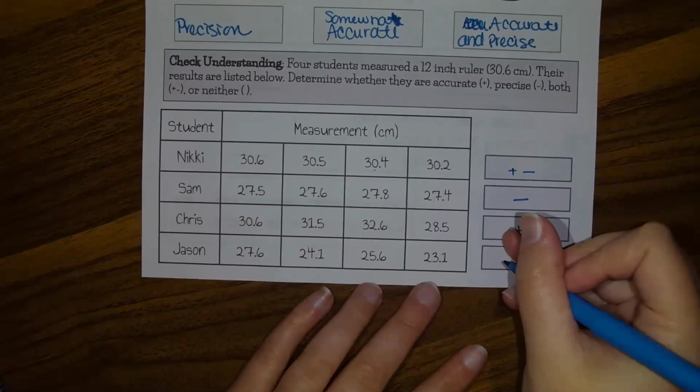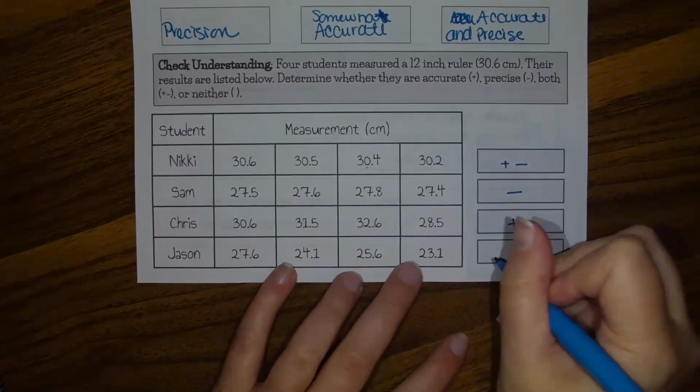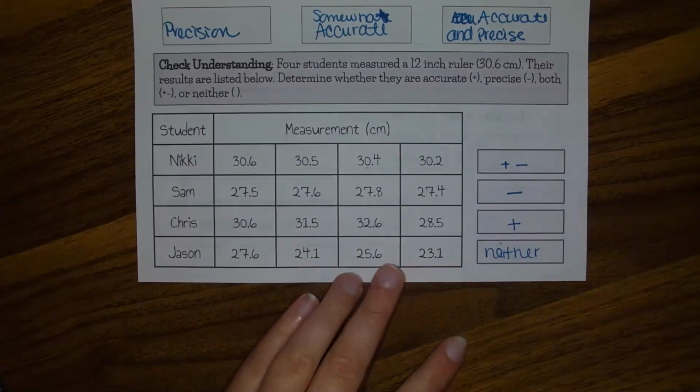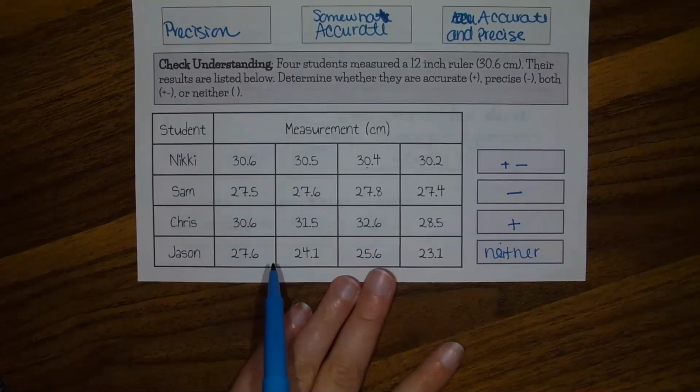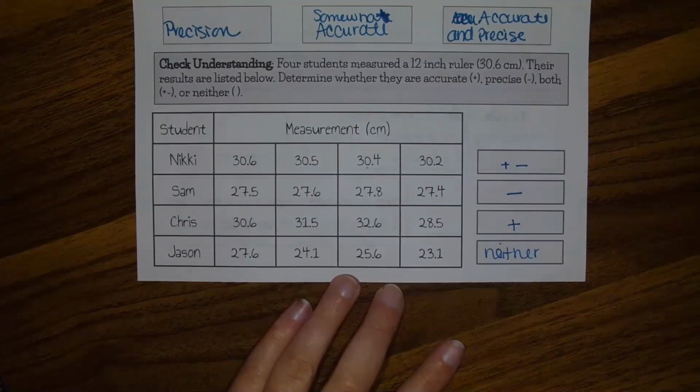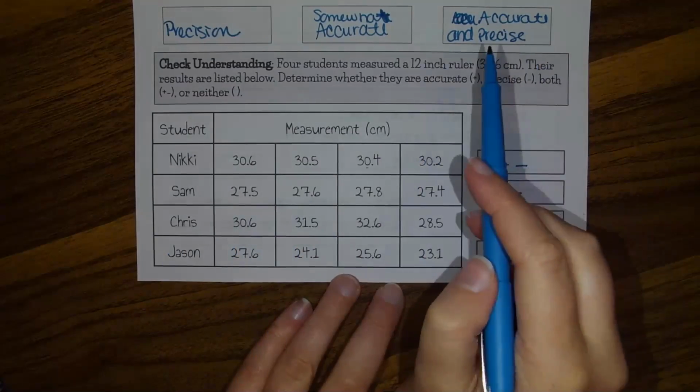And Jason, unfortunately, is not very good at taking measurements. He is neither accurate nor precise, because his 27.6, 24.1, 25.6, and 23.1 are not very close to each other, and he's not close to the expected value of 30.6.